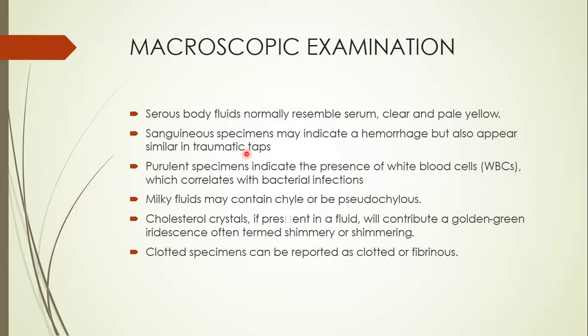So for example, you have hit any vein or any vessel when you did the procedure. Purulent specimen, meaning there is a presence of pus. And presence of pus would actually denote presence of WBC. So this is usually associated with infectious process. Remember, your WBCs are increased.